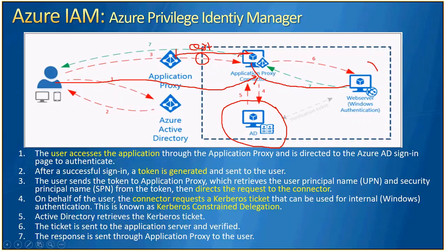So this is on-prem. But theoretically, nobody's stopping you, for demo purposes, from setting up your IIS server in a VNet and publishing it using application proxy. The same configuration can be done in the VNet also.